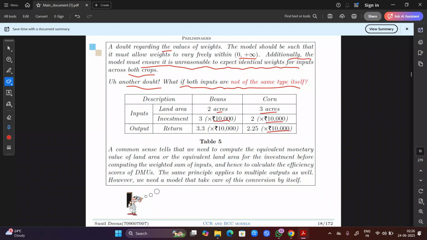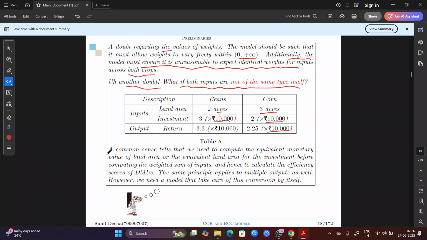Because the first paragraph tells us that it is not necessary to give equal weightage for DMU1 and DMU2. We may give different weightages. What if the type is not the same? What if the unit is not the same? So it is very difficult to get the result.